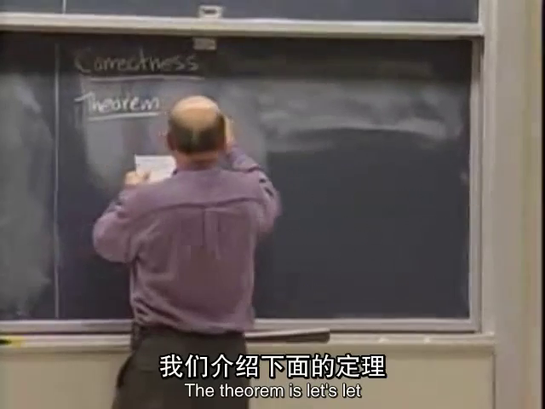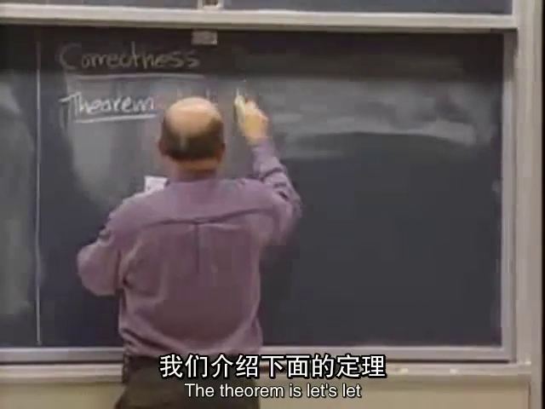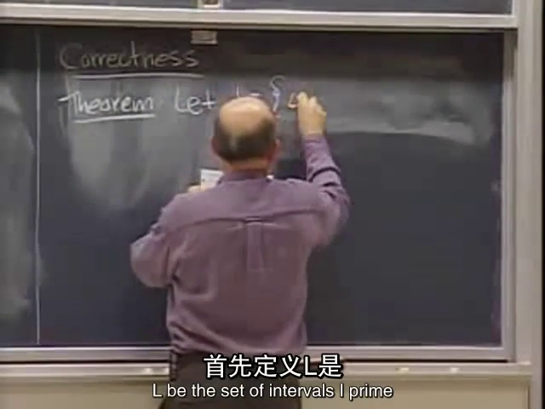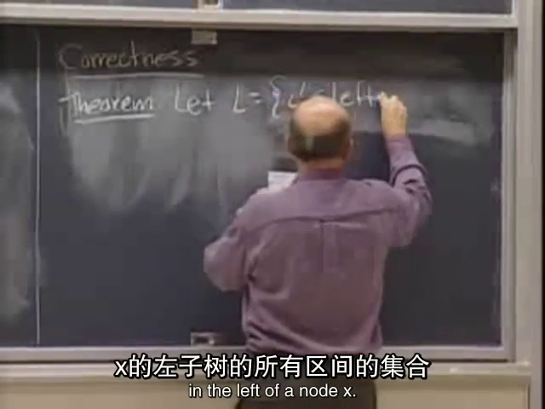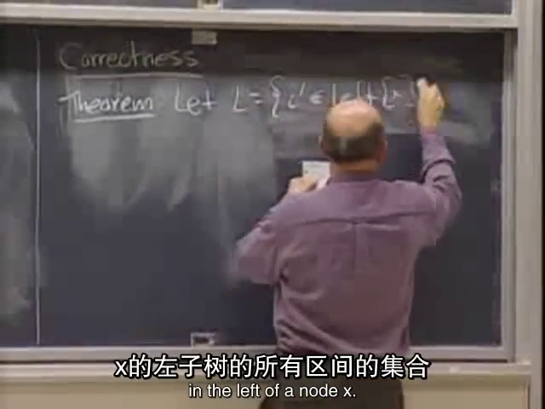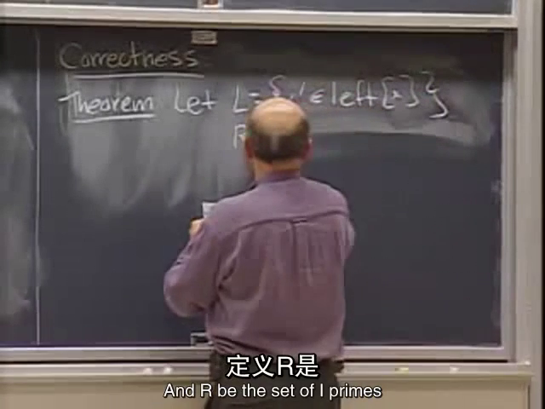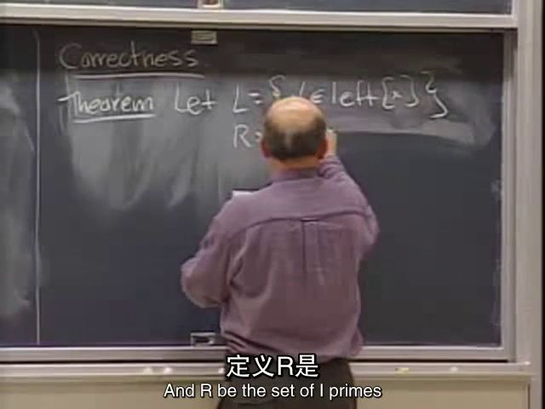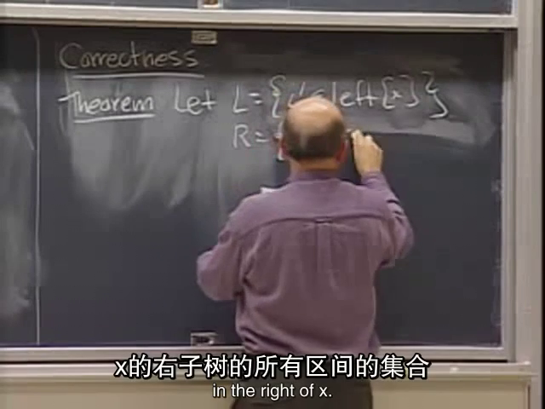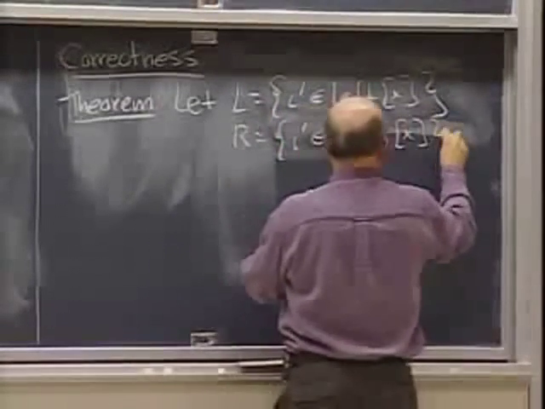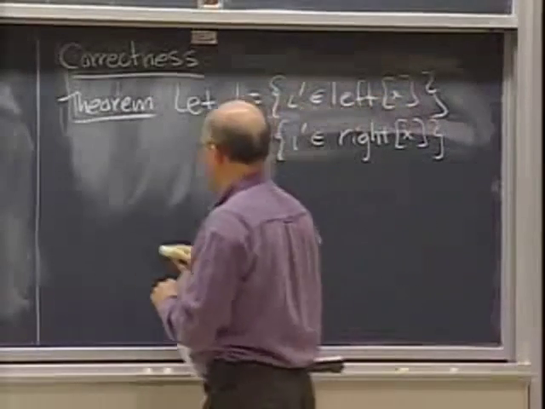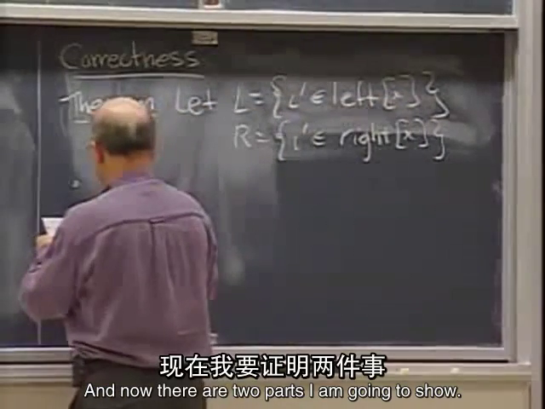The theorem is, let L be the set of intervals I prime in the left of a node x, and R be the set of I primes in the right of x. Now there are two parts I'm going to show.